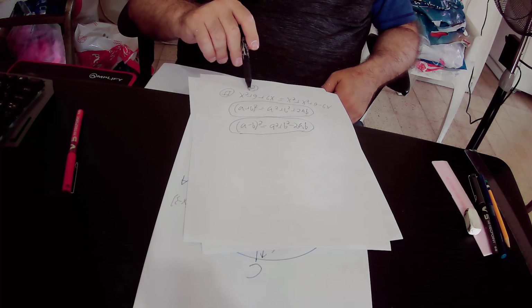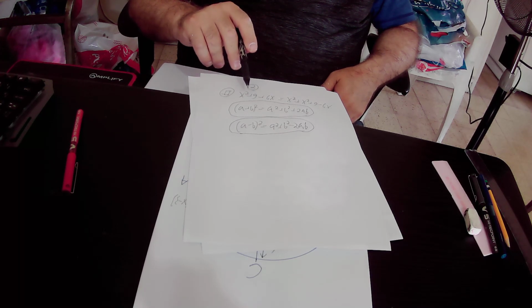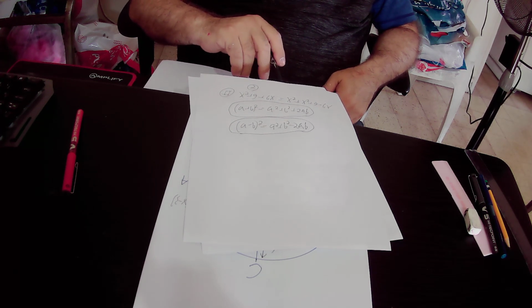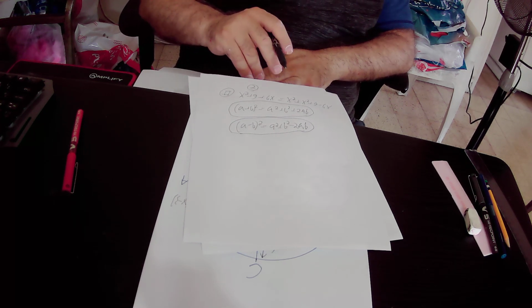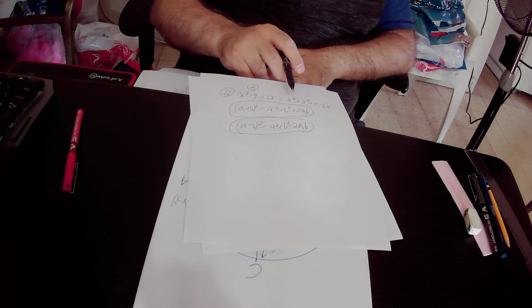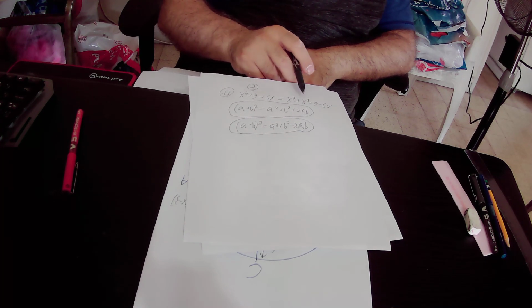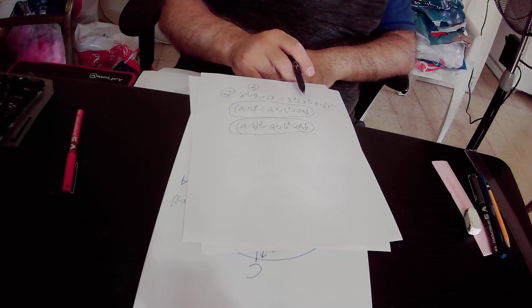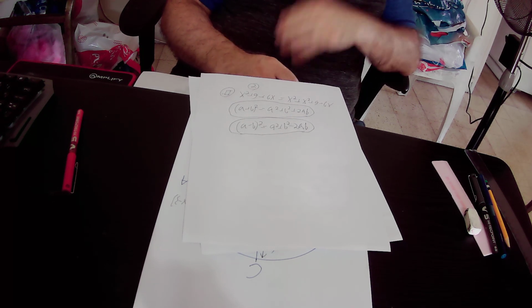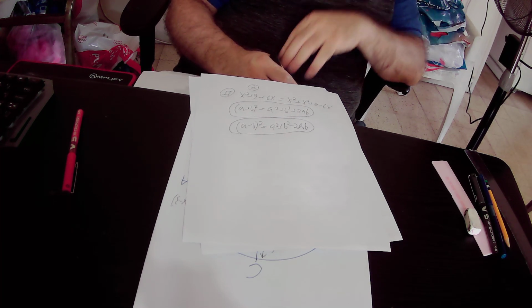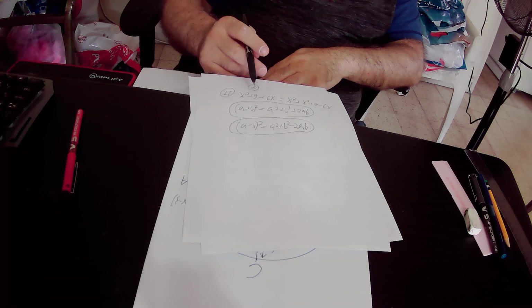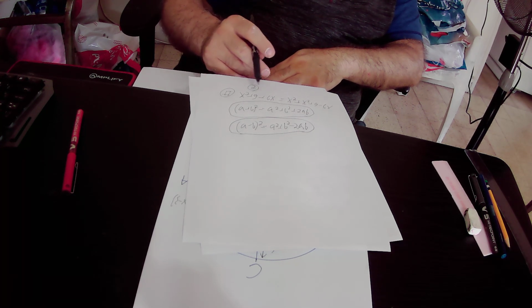In our equation, x equals a and b equals 3. So actually a square is x square, b square is 3 square is 9, and 2ab is 2 times x times 3, which is 6x.